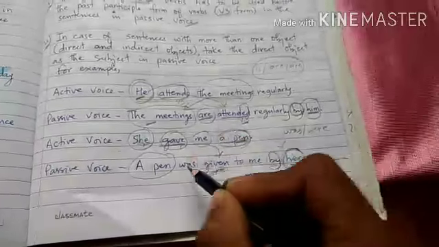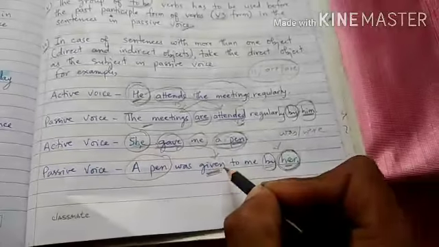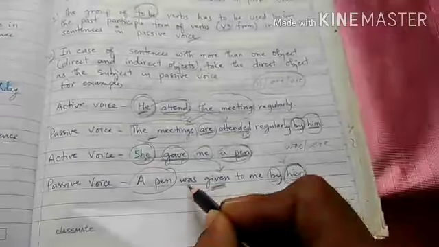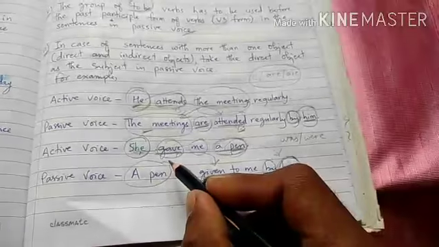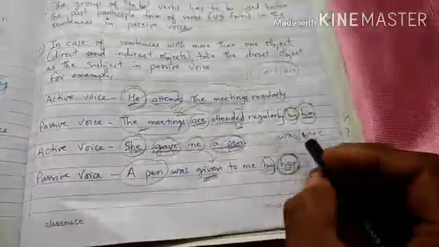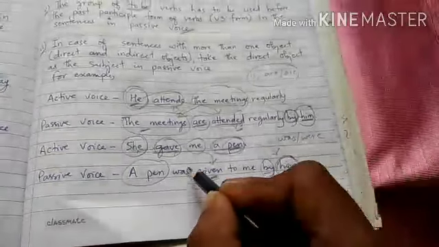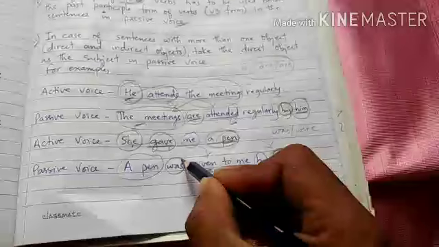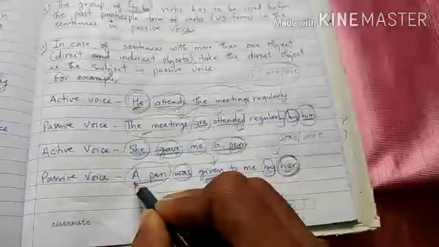Now the other requirement is the use of to be verbs before the B3 form of the verb. When we change sentences in active voice in simple past tense into passive voice, we have to make use of either was or were. So we have used was here. Why? Because the subject pen is singular here.